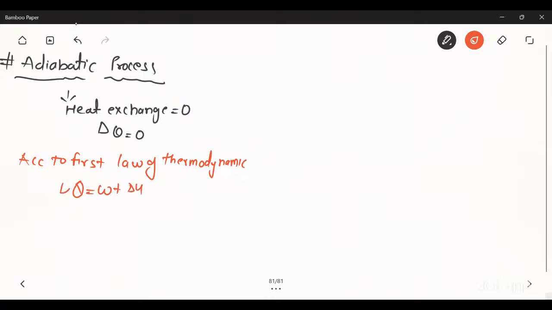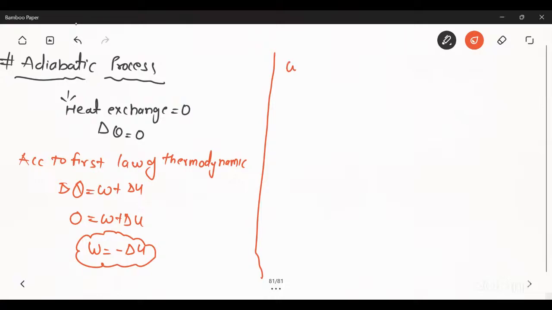So delta Q is equal to W plus delta U, and in adiabatic process delta Q is 0, so W plus delta U is 0. So work done is always equal to negative of delta U.